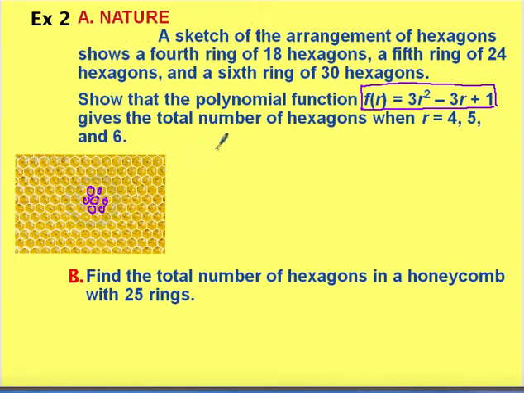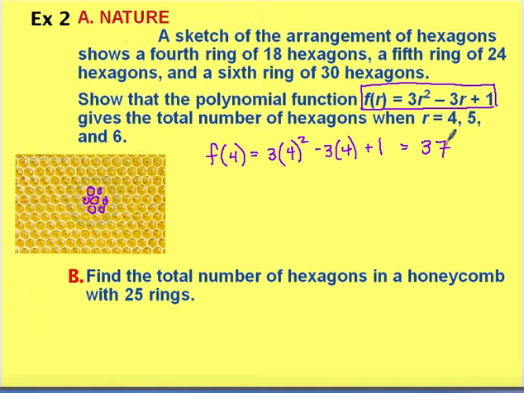So how we watch this function unfold is we're going to find f of r when r is 4. So we're going to replace that r everywhere with a 4 in this quadratic function. So when I do this quick math here, 4 to the second power would be 16 times 3 gives me 48 minus 12 plus 1 says within the fourth ring out, we're going to have 37 hexagons total.